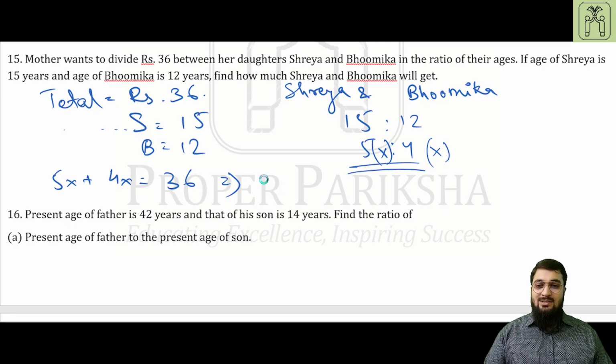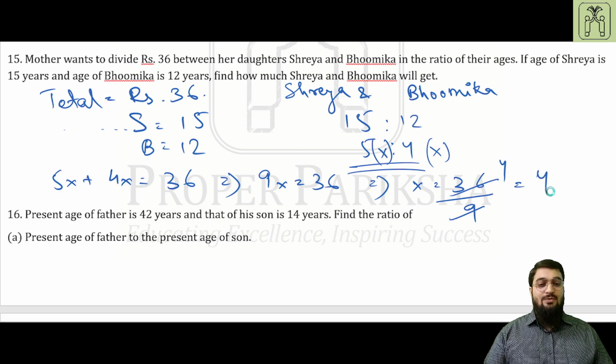This implies 9x is equal to 36. This implies x is equal to 36 upon 9, which will give us 4, and therefore we just have to put the value of 4. So 5 times 4 is 20, so 20 rupees will be given to Shreya, and 4 times 4 is 16, and 16 rupees will be given to Bhumika.